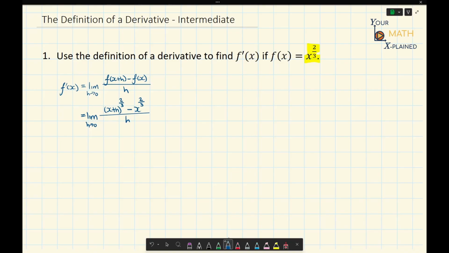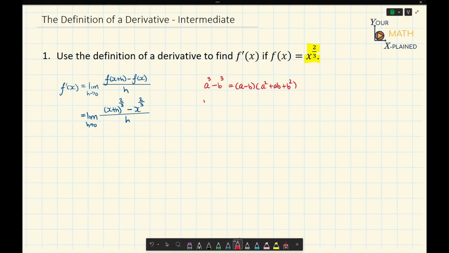So here it looks like we might be a little bit stuck because we can't expand this part and we can't cancel the h on the bottom. But what we're going to do is we're going to use a little trick here. We're going to use the identity that a to the power of 3 minus b to the power of 3, so difference of cubes, we know that this is equal to a minus b times a squared plus ab plus b squared.